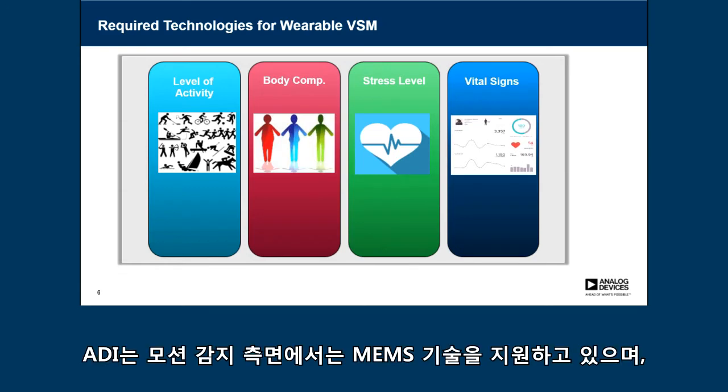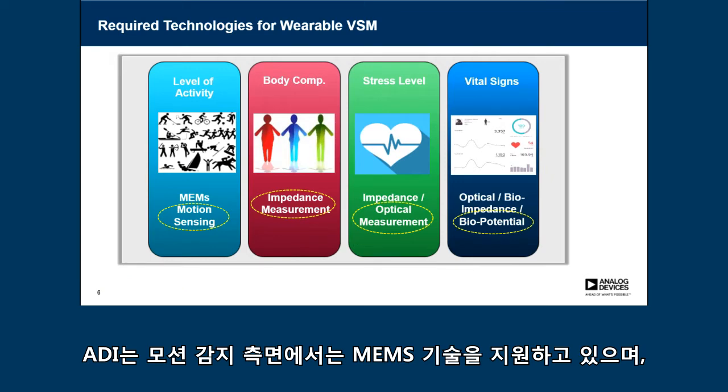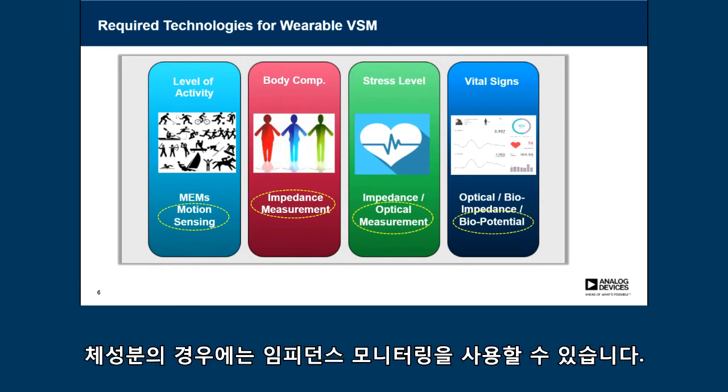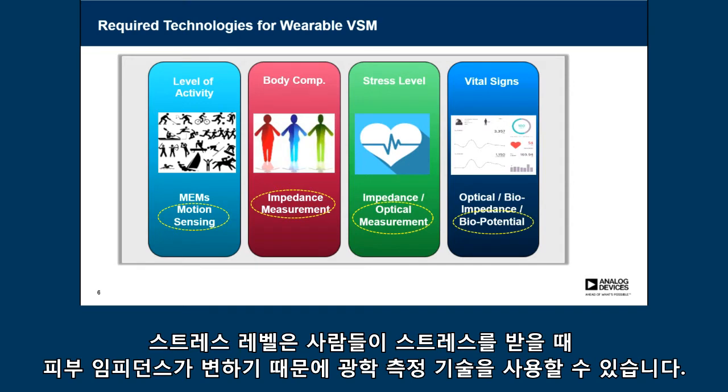So in terms of motion sensing, ADI supports MEMS technology. For body composition, you could make use of impedance monitoring. Stress level can be done either by impedance monitoring, since when people get stressed, you see that skin impedance is going to change.